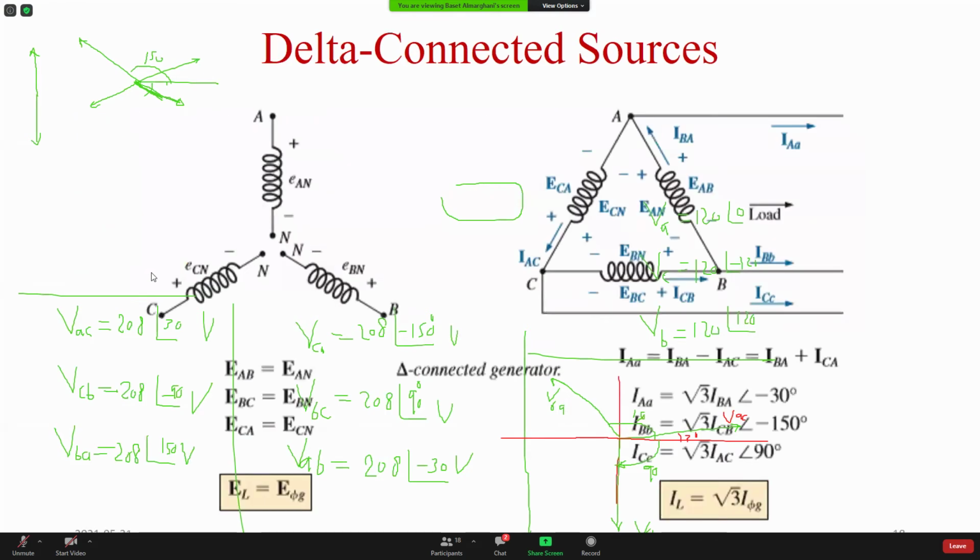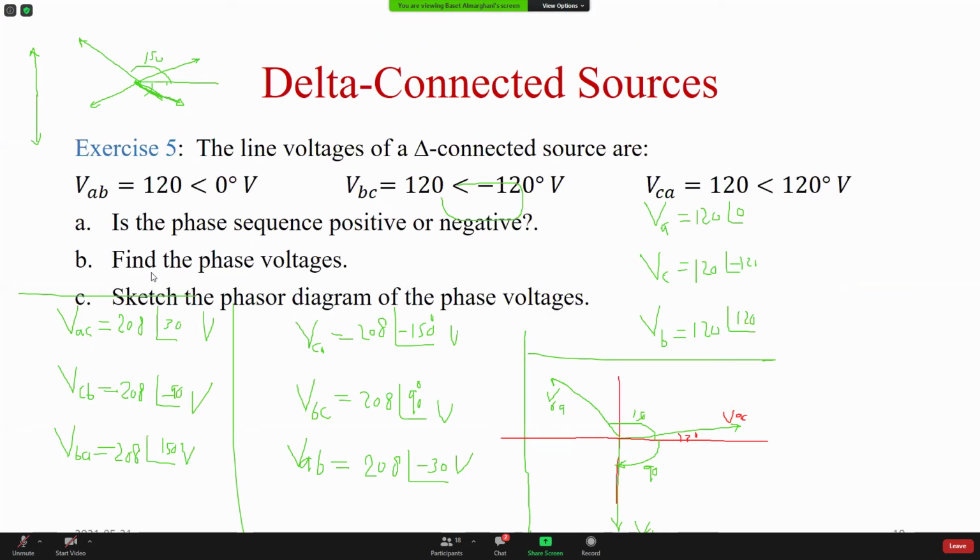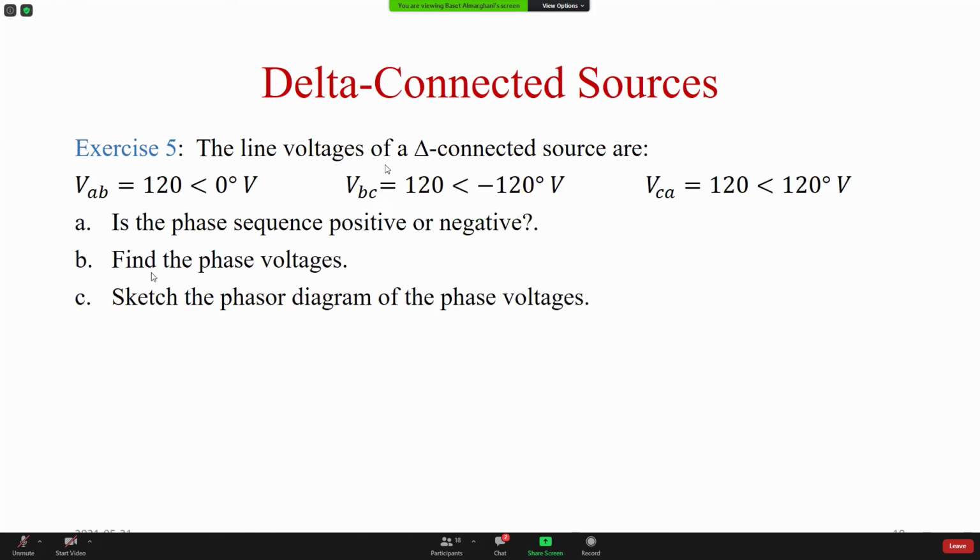Okay, we'll continue. This is just delta. This is one exercise. Now it says delta connected source. So this is delta connected source. I'm going to do delta connected source. The voltage, let's say this is A, this is B, this is C, the voltage VAB, the voltage in this source 120 angle 0.